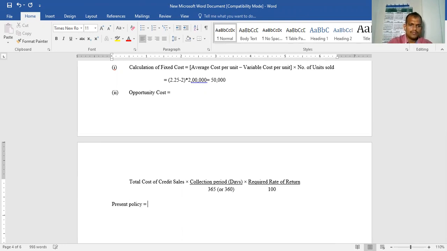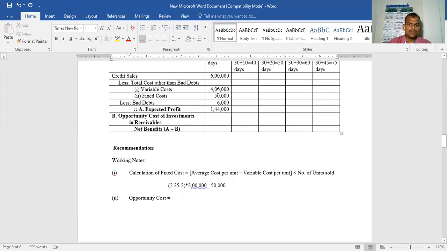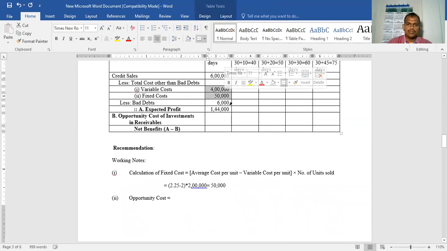Present policy. Total cost of credit sales is 4 lakh 50,000. We should not include bad debts.